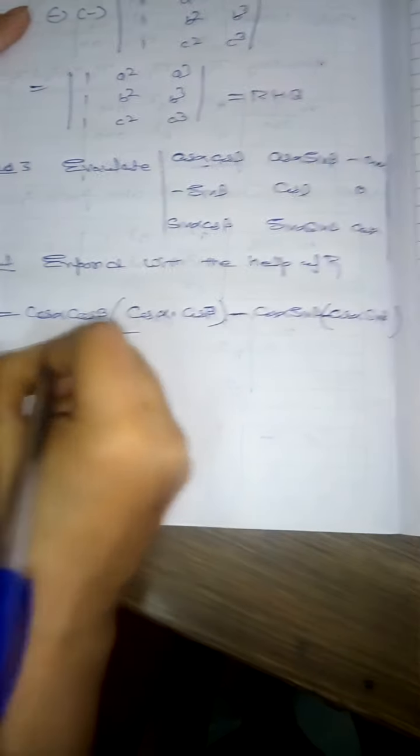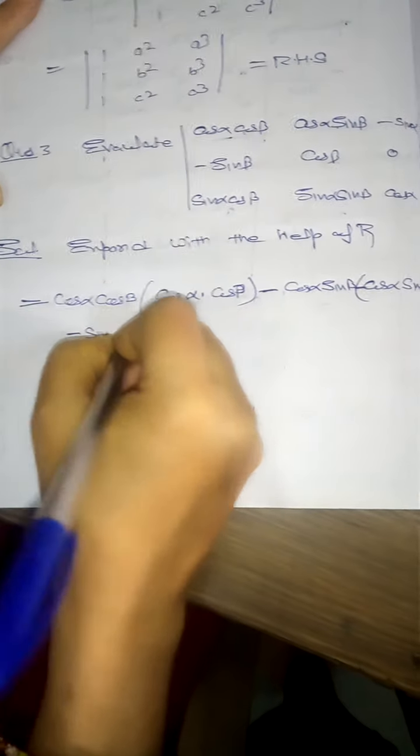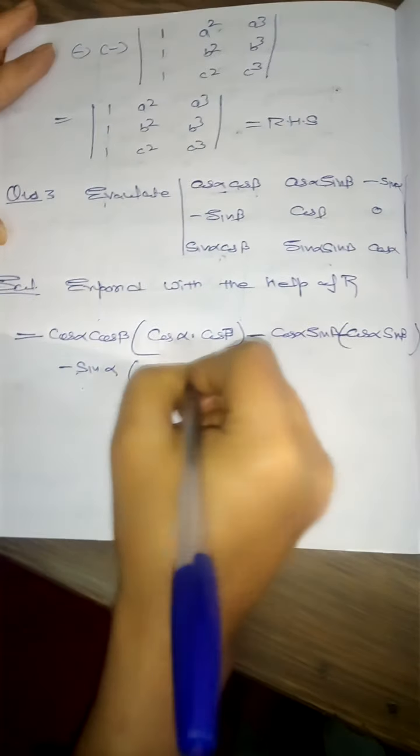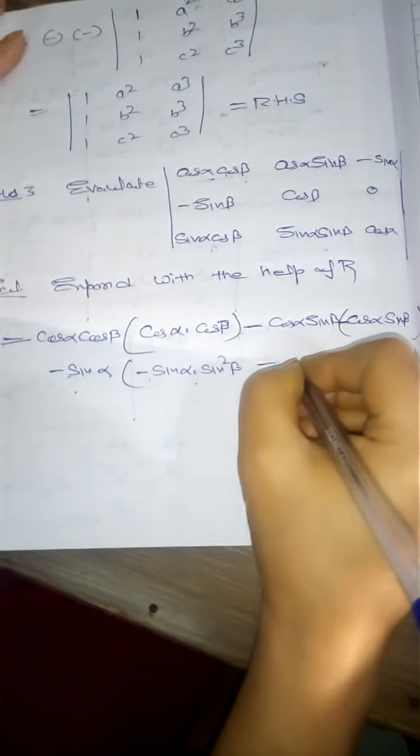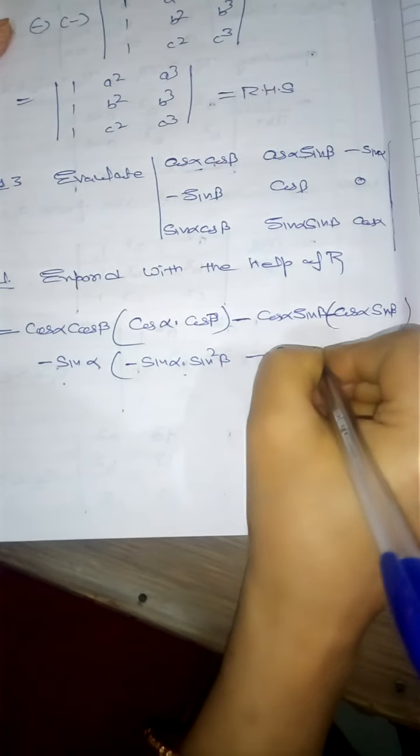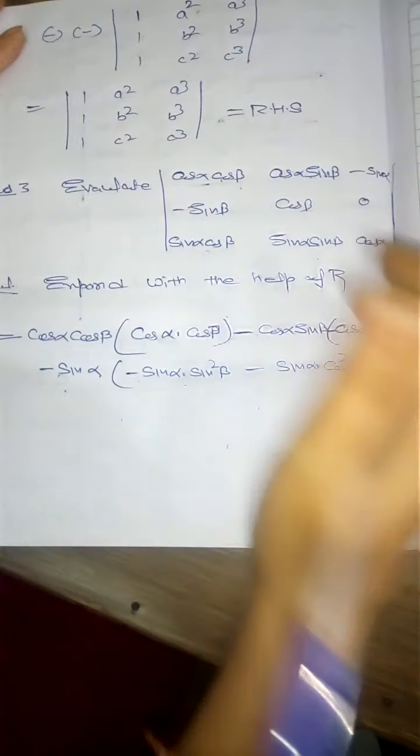And again the third is sin alpha cos beta, leave this row and this column. What is coming here? Minus sin alpha into sin square beta, and multiply this one, minus sin alpha into cos square beta, because sin alpha cos beta into cos beta is cos square beta. Now open the bracket.